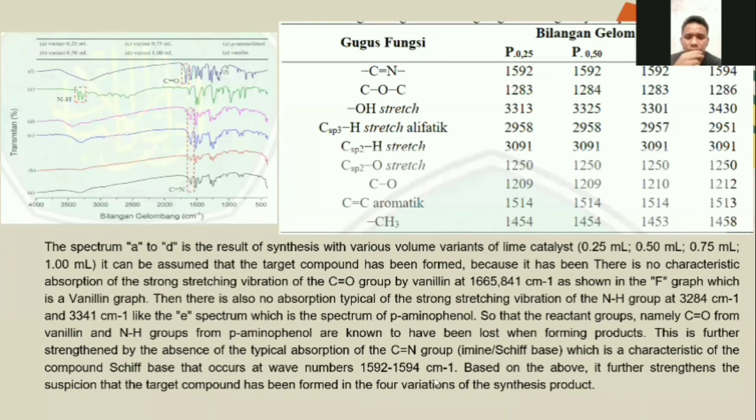Then there is also no typical absorption of the strong stretching vibration of the N-H group. So the Schiff base has been formed in the 4 variants of synthesis product.